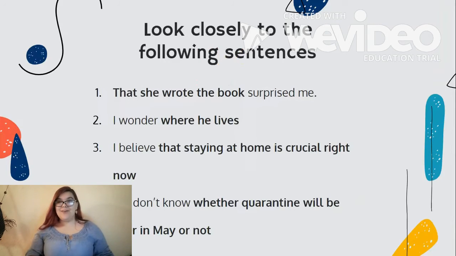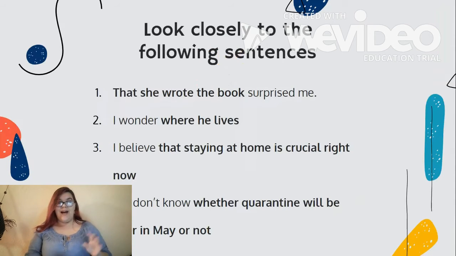Then we have the second one that says, I wonder where he lives. Well, right here we have an embedded question that we are going to look at a little further in the video. And the third one we have, I believe that staying at home is crucial right now.